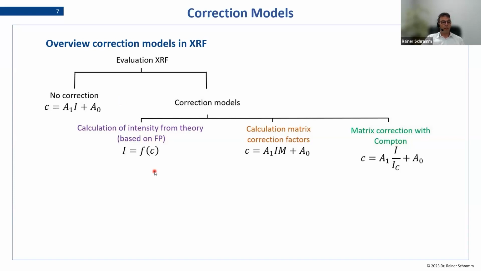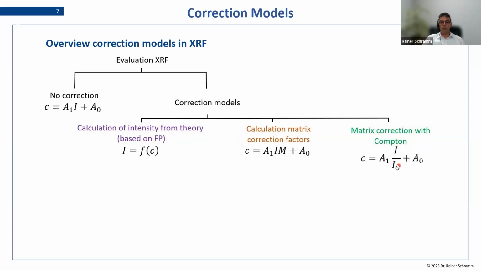And there are different models. Either you describe your relationship between concentration and intensity fully theoretically, then it would be fundamental parameter. If you just say, I have my linear approach and the matrix correction I just calculate as a factor, then we talk about a matrix correction. Or you just use, like very often in analytical chemistry, an internal standard.